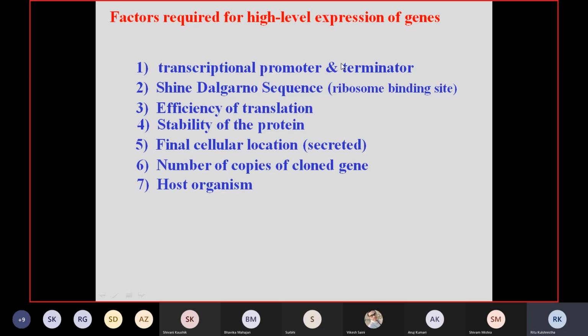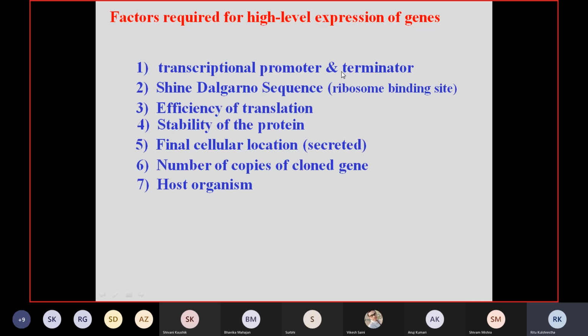Another fact is that if your gene of interest has been cloned downstream of a promoter and it does not have a transcription termination site, even that is not good. So most of the commercial expression vectors also have it at the end of the MCS.